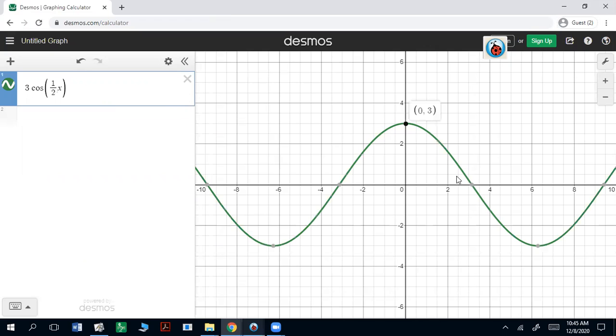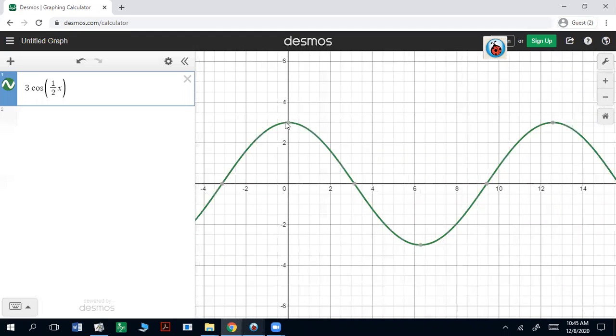You can see your maximum, you can see your midline is 0, and you can see that amplitude is 3. And if you go all the way over to here, that next peak, you can see that it starts over again at 4 pi. That's your period. So indeed, 2 pi divided by 1/2 is going to give you 4 pi.